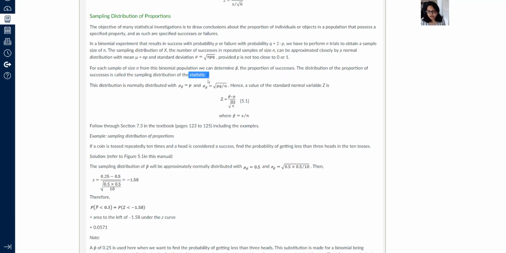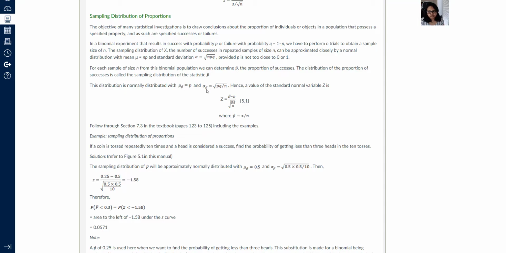If we do it many times, the statistic P is the proportion. Let's say I take samples from an area many times, and each time I find the proportion. What would be the mean of those sample proportions? The average of all those proportions would be similar to the true proportion in the population.